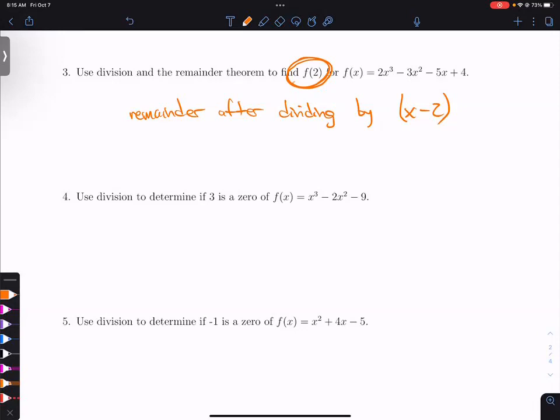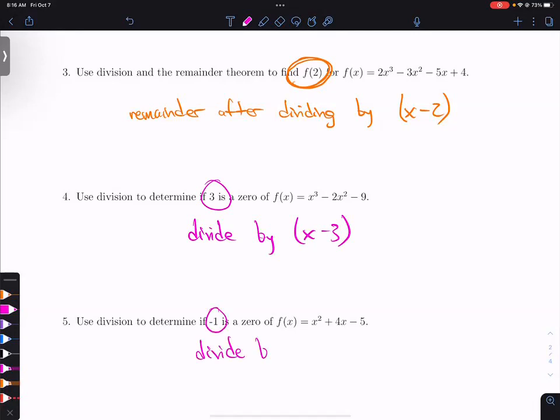division. Problems 4 and 5 say use division to determine if 3 is a 0. What you would want to do is divide by x minus 3, or divide 3 in using synthetic division, right? Here you would want to divide by x plus 1, or again, do -1 in using synthetic.